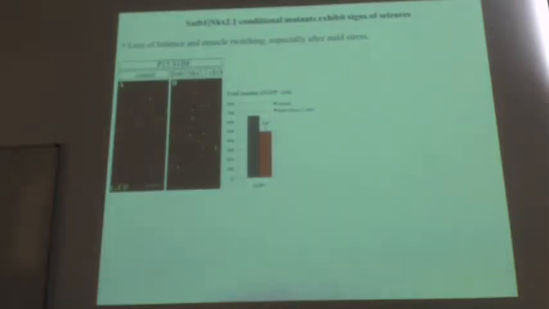But most interestingly, these mice have loss of balance, muscle twitching, and they have this phenotype even after mild handling. On top of that, we see significant cell death in the number of NKX2.1-derived interneurons, which is in correlation with the fact that these mice might be epileptogenic.